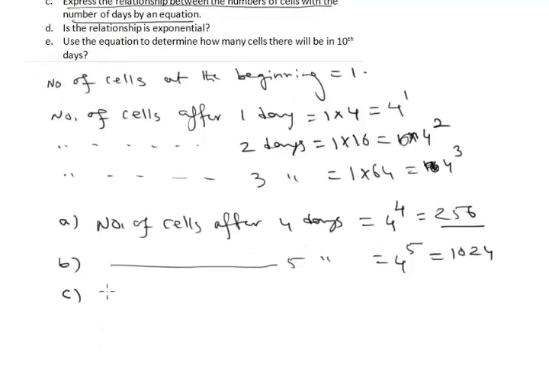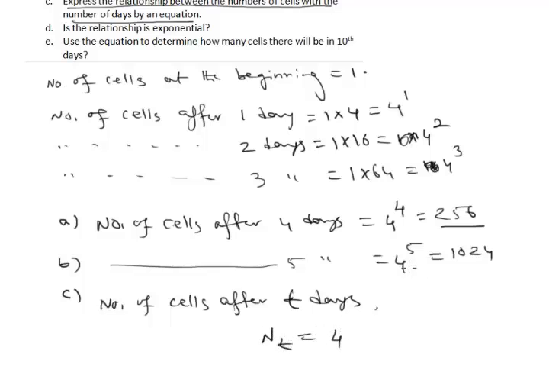So the number of cells after T days, if we define it by N(T), will be 4 to the power T. 4 to the power 1, 4 to the power 2, 4 to the power 3, 4 to the power 4, 4 to the power 5.